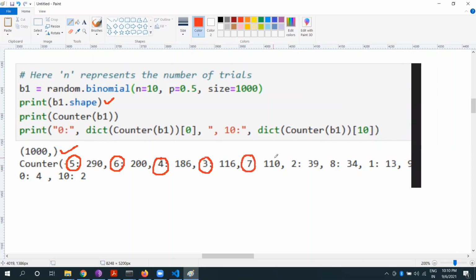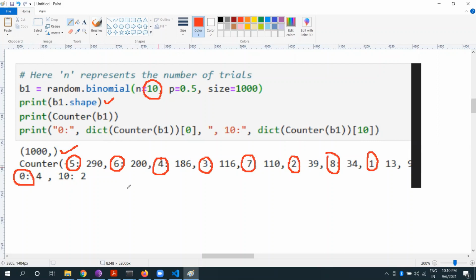None of these would be greater than 10. Why? Because we have only 10 trials. Each time we do a heads or tails, we would get either 5, 6 or 4 times, or on the more extreme side, how many times did we get all zeros?